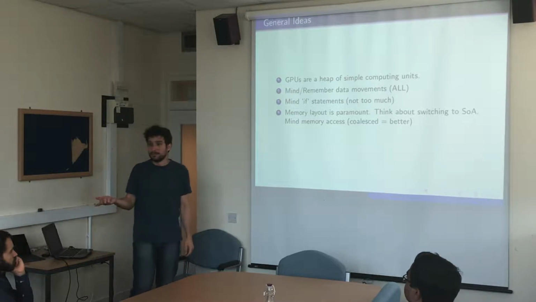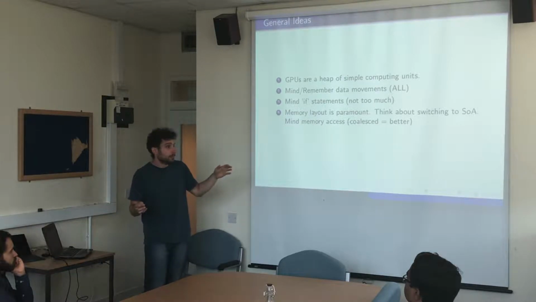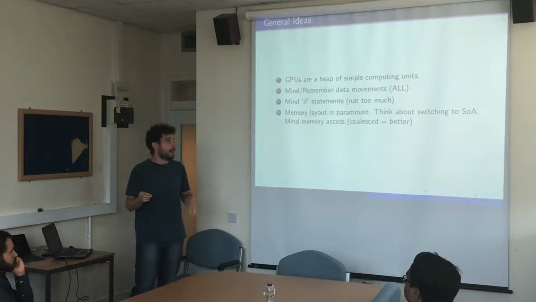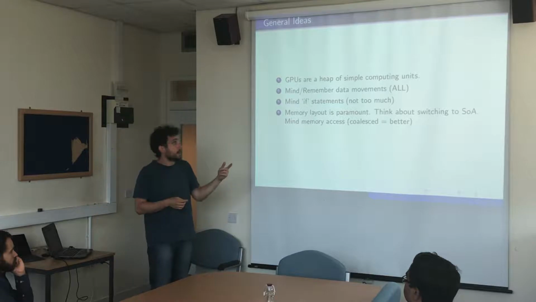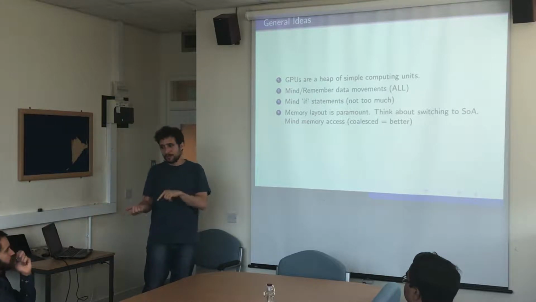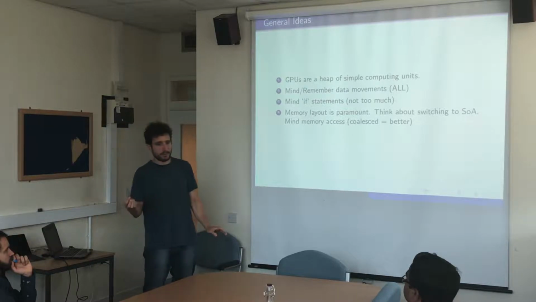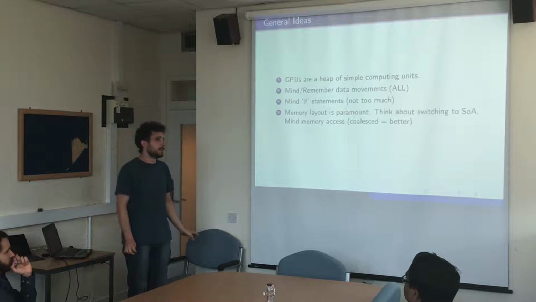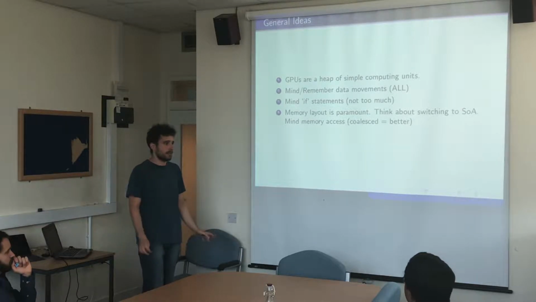On KNL and other architectures, people are encouraged to use a more complex data memory layout, which is an array of structured arrays. But from what I've seen and from what my collaborators have seen, the structure of arrays is the safest and the easiest solution.